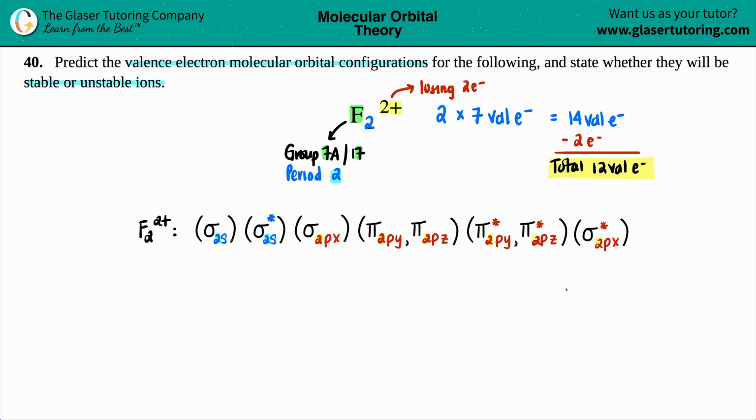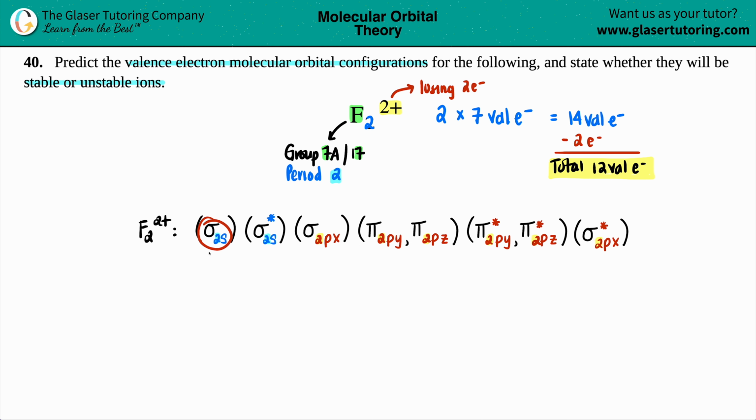The last thing we have to do is actually put the total number of valence electrons into our configuration. I wrote it in such a way that you're increasing in energy, so you always start dropping your electrons in the lowest energy molecular orbitals and then gain as you go from left to right.